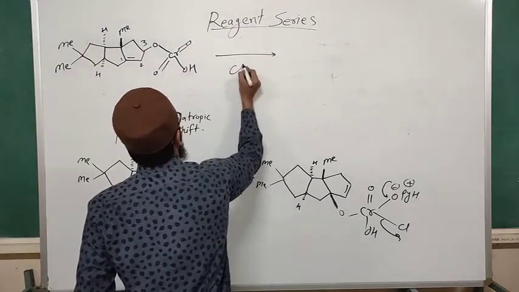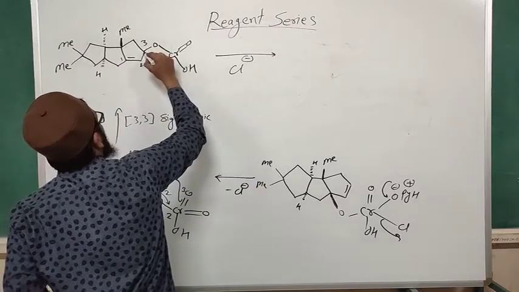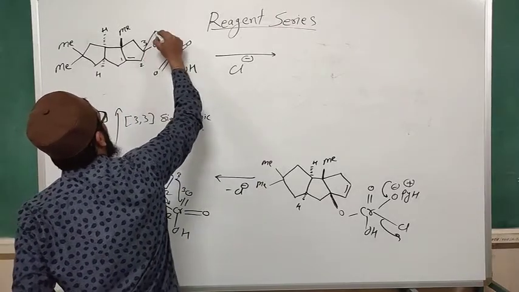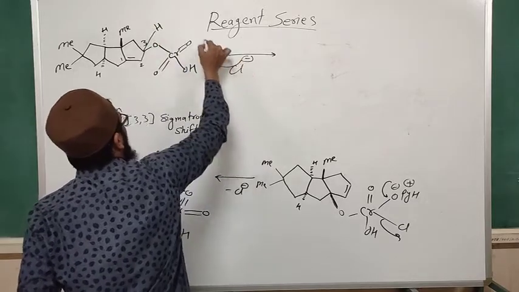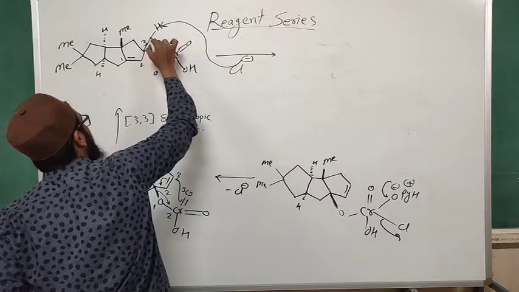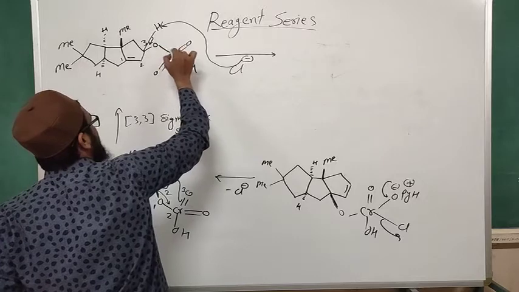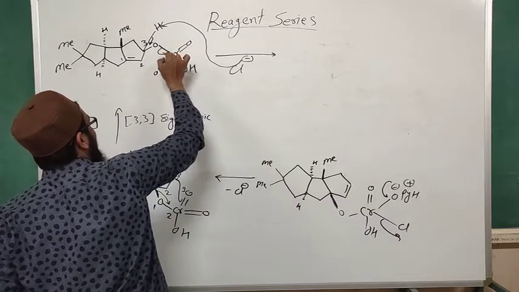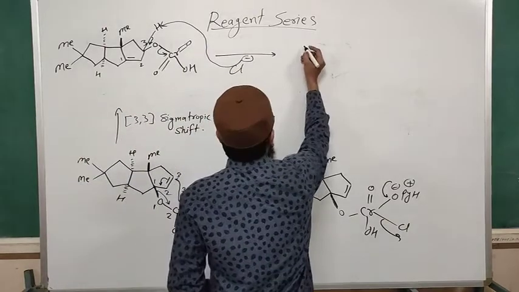So let me write our chloride ion. It has hydrogen. I will write it above the hydrogen. This is our hydrogen. This will go and abstract this hydrogen. This carbon oxygen single bond will convert into a double bond. This oxygen chromium bond will break and the electron will come towards chromium, and what will we get?